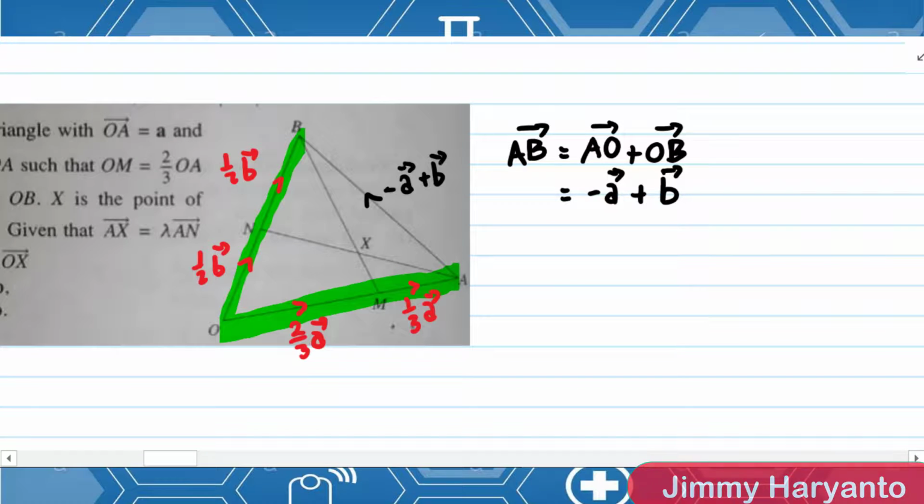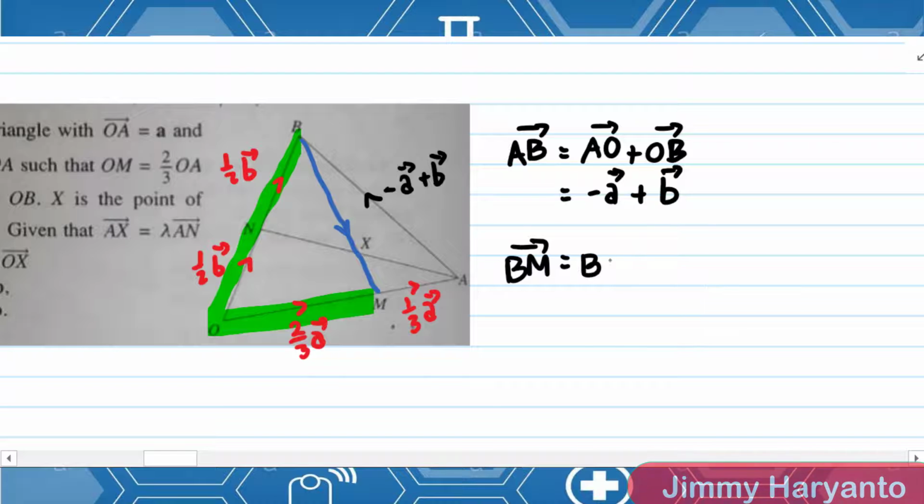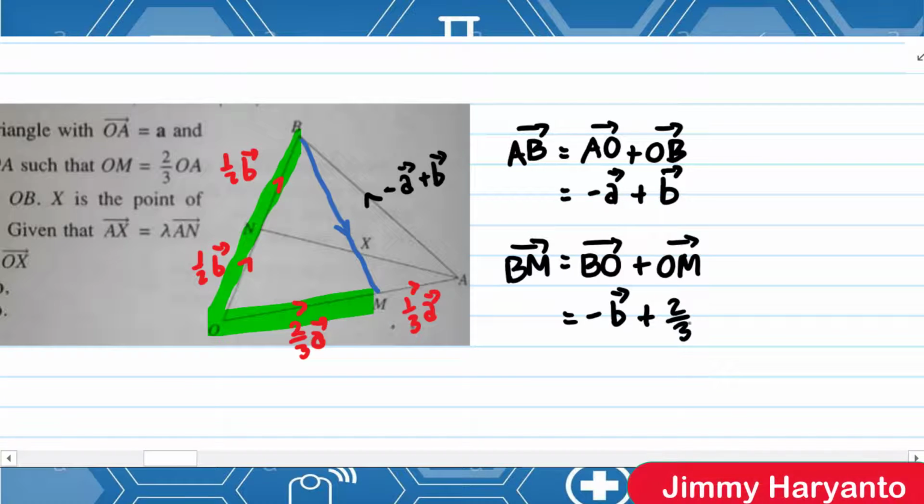Then maybe I can find BM. BM means you move from B to M, like this. You can go left or right. Going left, for example, is the opposite direction. So the formula is BO plus OM. Because BO is the opposite of OB, it will be negative B, plus OM, OM is 2 over 3A.